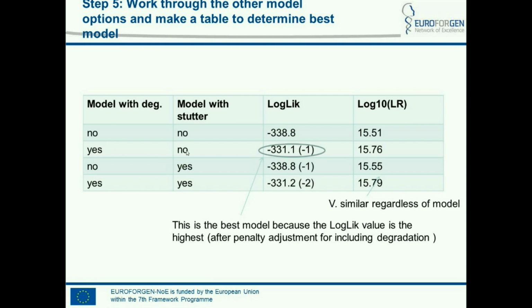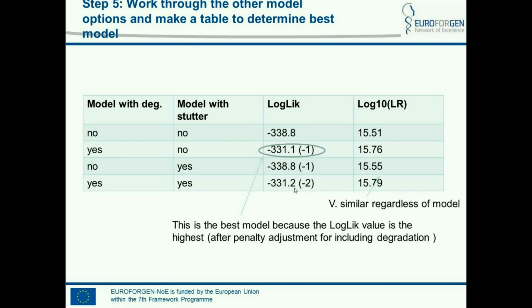With degradation, without stutter, we got minus 331.1. And if we repeat this for the other possibilities, that is the no degradation and with stutter, minus 338.8, and with degradation and with stutter, minus 331.2.